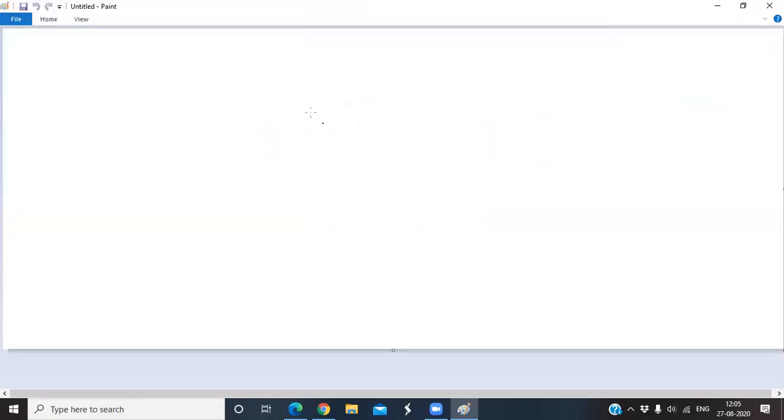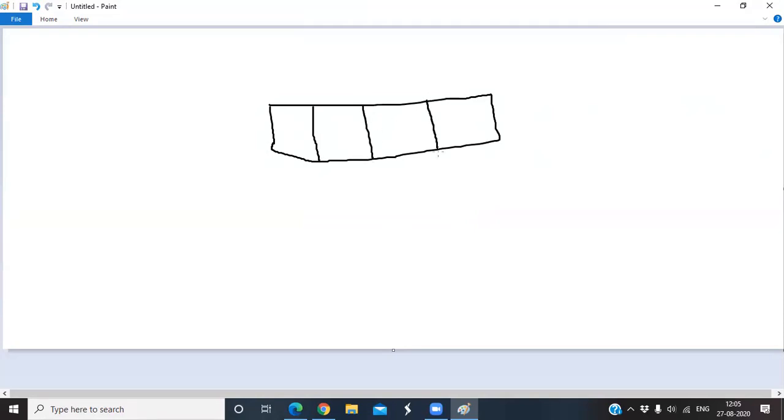Right. So this is the message register, having the 4 bits. Those 4 bits are M1, M2, M3, M4, right?